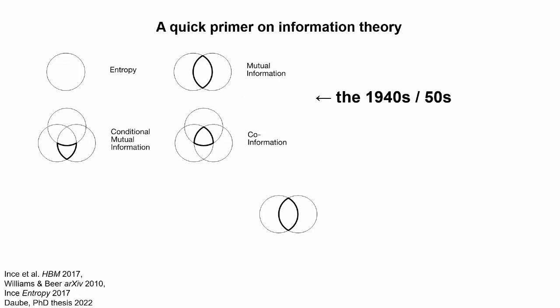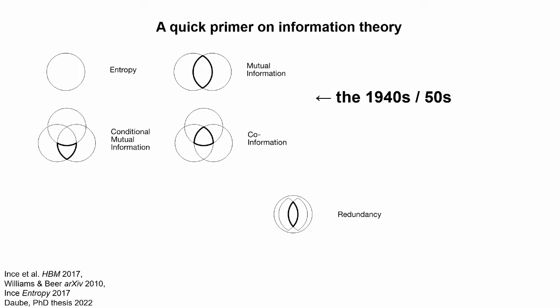Now you could imagine that you have two of these, so you have a different model that tries to predict the same response variable. Now you might be interested in computing the overlap of overlaps, so the redundancy of these two models. You want to know to what degree they predict your response variable in the same way.